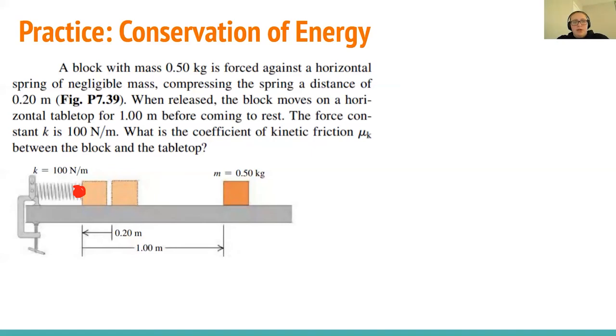Elastic potential, yes. There's no difference in height across this problem. The block is on a flat surface, so we're not worried about a change in gravitational energy. Kinetic will be an issue, but not at the point of maximum compression, because that's an initial point. So let's call this A. The energy at A is equal to elastic potential at A.